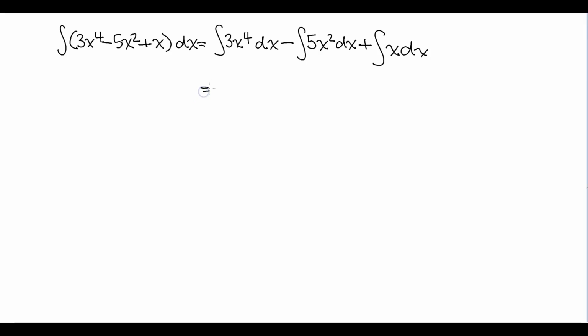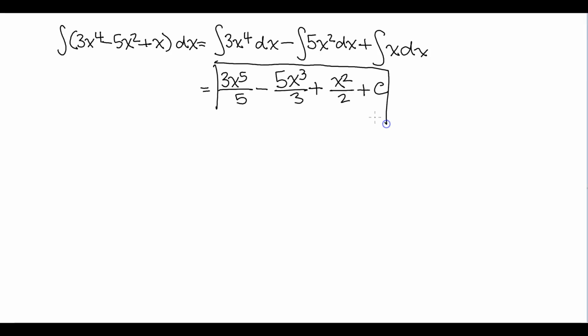That gets you 3x to the 5th over 5, minus 5x cubed over 3, plus x squared over 2. And can't forget plus c. So this is our integral.